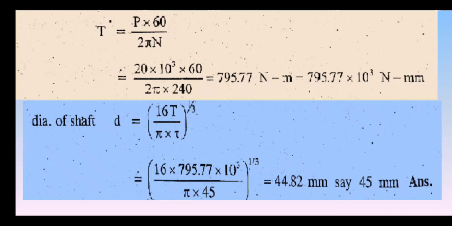Substitute all the values whatever we found: 16 into T value 79,577 into 10 raised to 3 divided by pi into 45, that is tau value, and whole raised to 1 by 3. Finally we got the diameter 44.82.